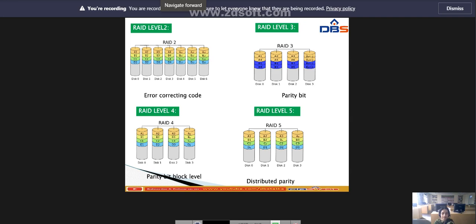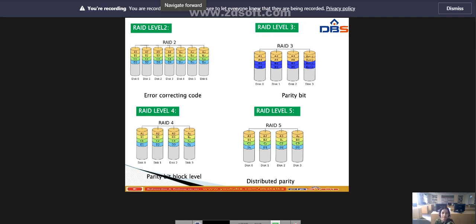Thus the disks can be accessed in parallel, data can be transmitted in bulk, and high speed data transmission is possible. In case of drive failure, the parity drive is accessed and data is reconstructed from the remaining devices. This is called the parity bit, RAID level 3.